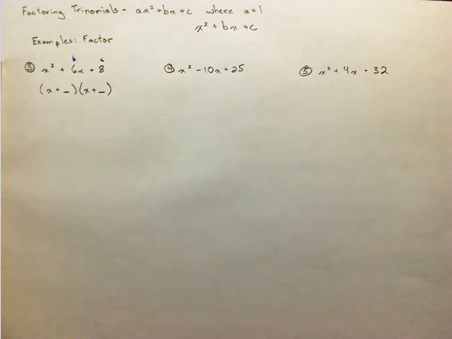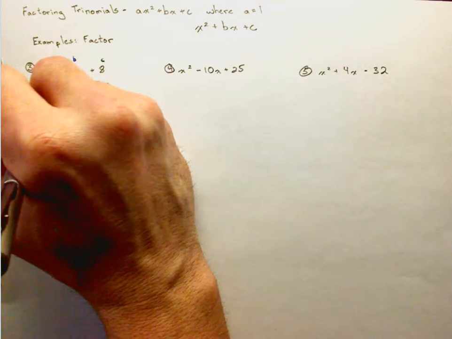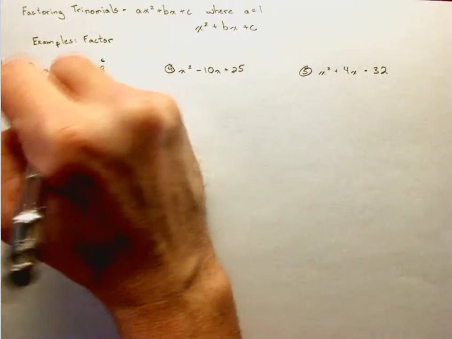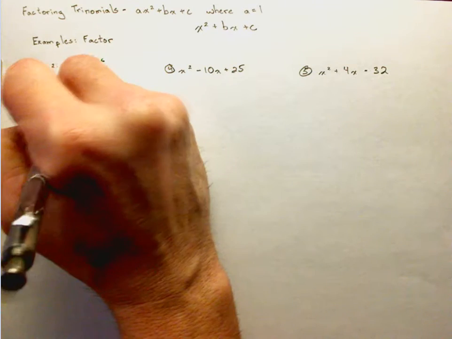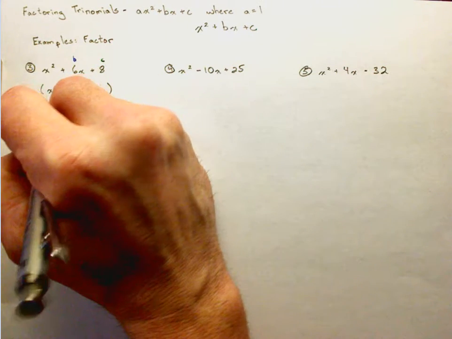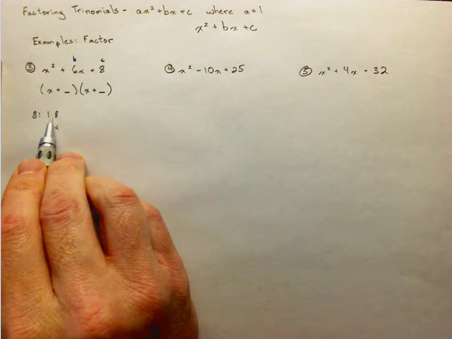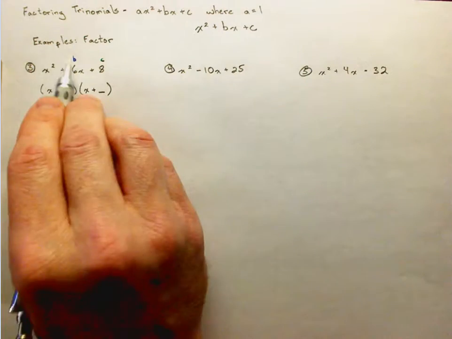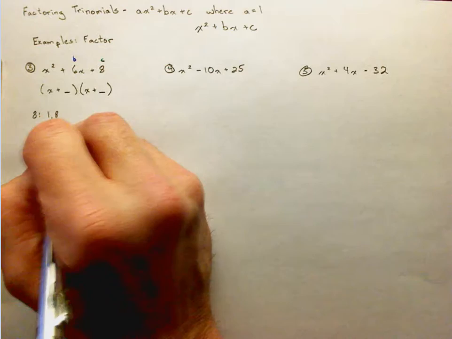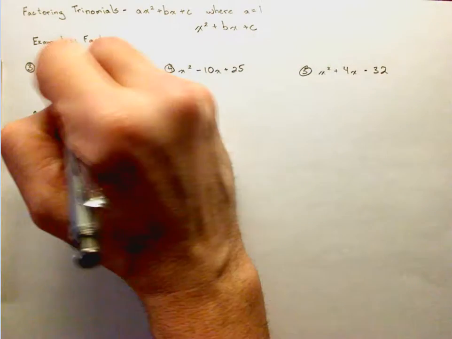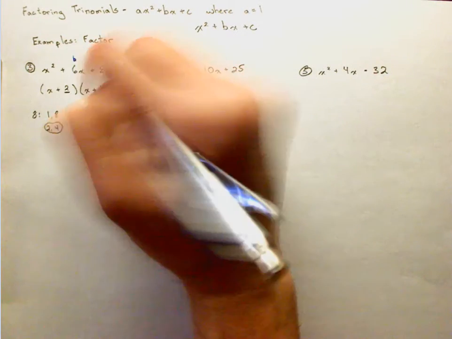So I want the factors of 8, in their pairs: 1, 8, 2, 4. Which pair of factors sum to b? 2 and 4. So I know I'm going to have a 2 and a 4 there.